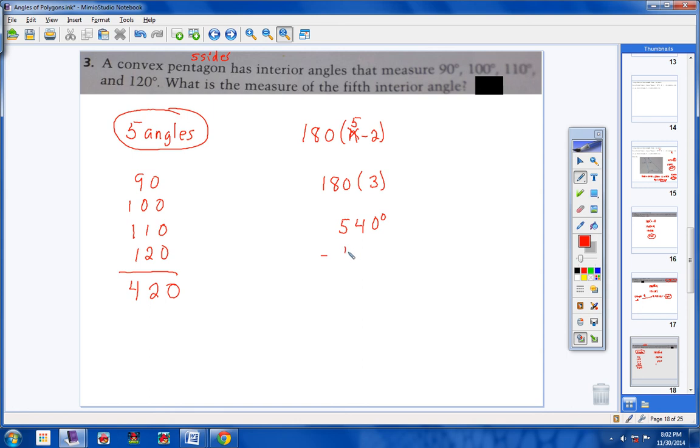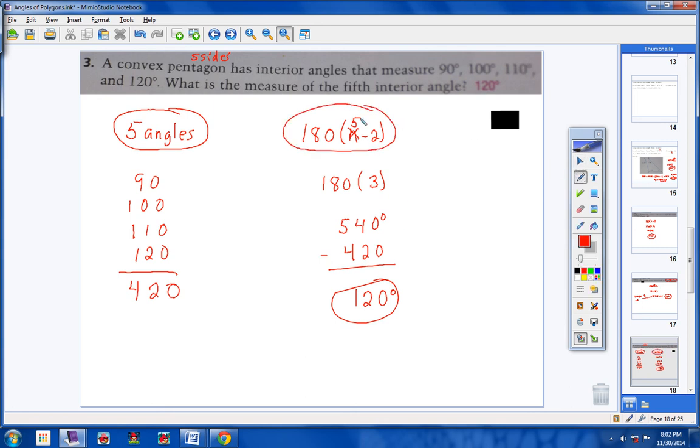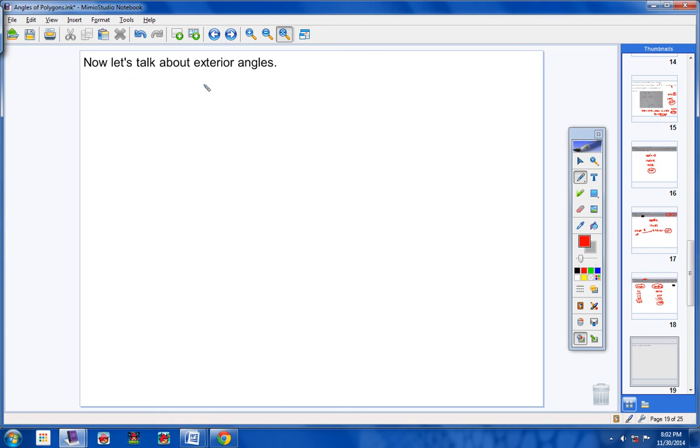So subtract 420 from 540, and my 5th angle should be 120 degrees. There it is, 120. This stuff is not too bad. You need to know this formula really well and be able to use it. All right. Now let's talk about exterior angles.